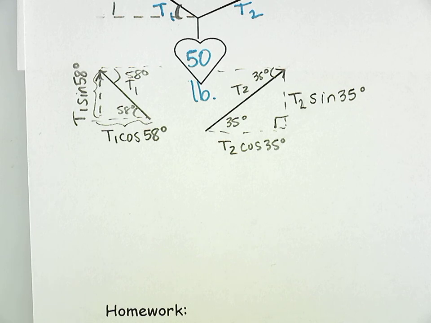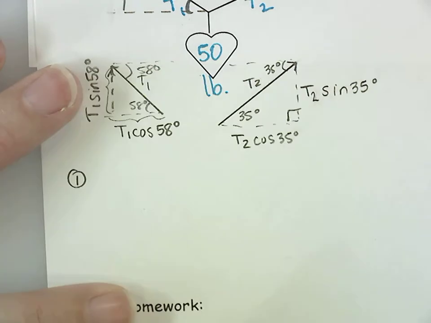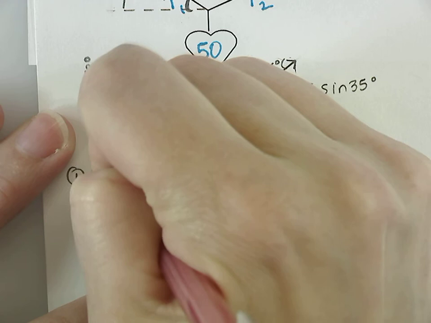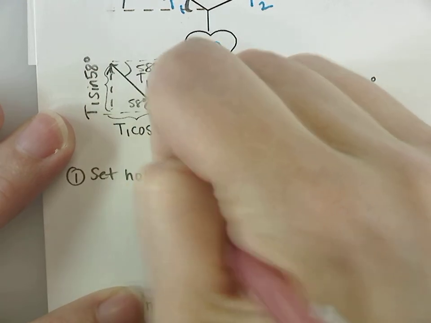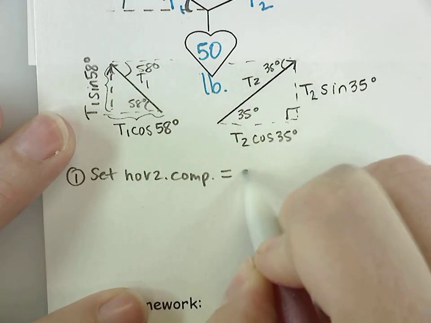For step one, I'm going to write out the steps too, so when you look back at this, you know what to do with whatever numbers you have. You're going to set the horizontal components equal, and then solve them for a variable.